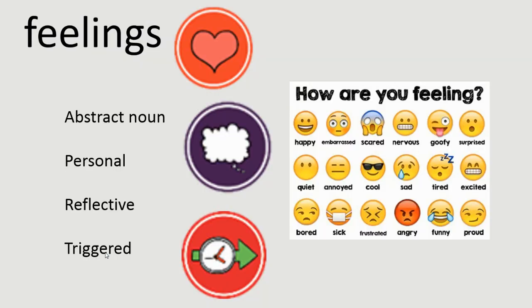Now, that icon, this box of icons here, how are you feeling? If you talk about a text, if you've read a text and a character is expressing a feeling or the author is creating a feeling, you will naturally say one of these because they are quite common and at the tip of your tongue.